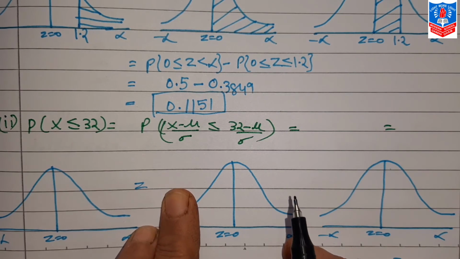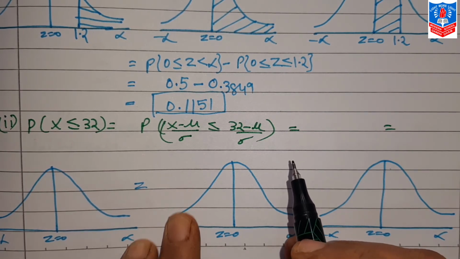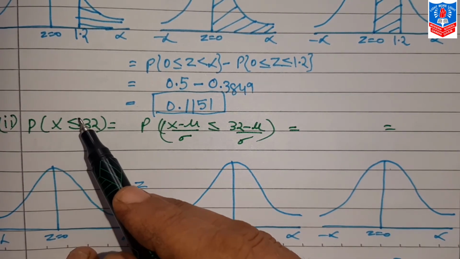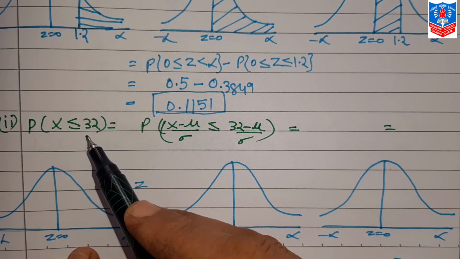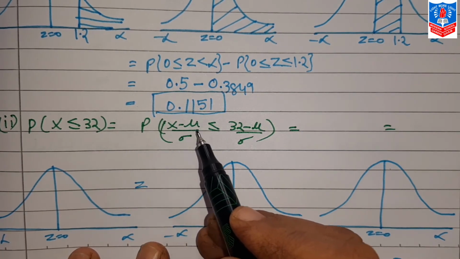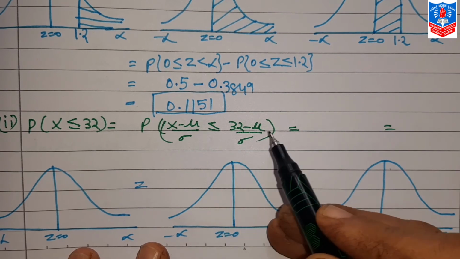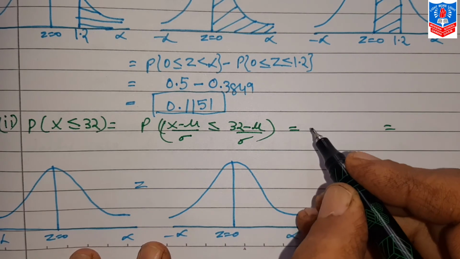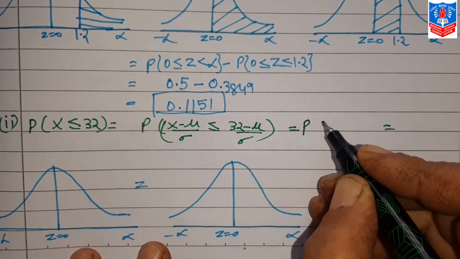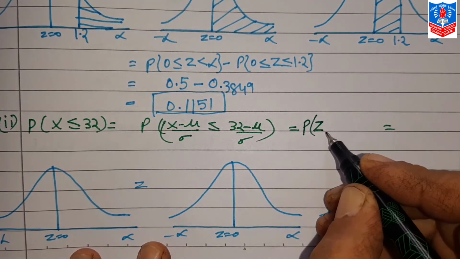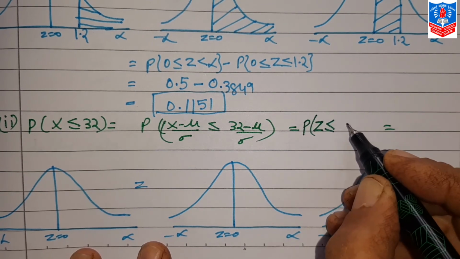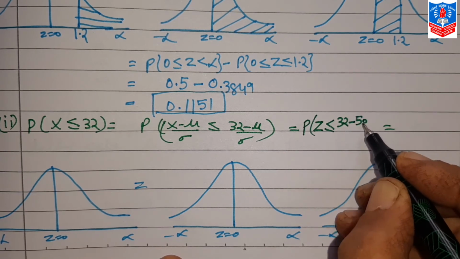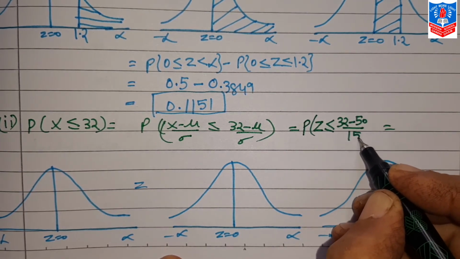Now the second question, that is a class consists of less than 32 students. So here the value of x is less than or equal to 32. Now how do we write this? That is x minus mu upon sigma less than or equal to 32 minus mu upon sigma. Now at the place of x minus mu upon sigma, Z less than or equal to 32 minus, here the value of mu is 50, standard deviation is 15.